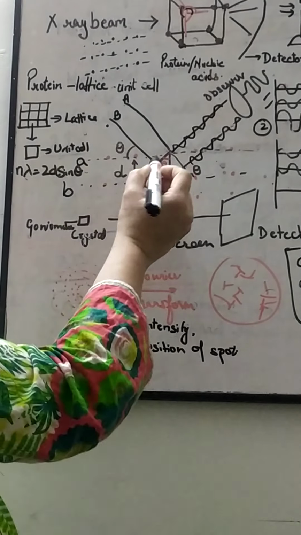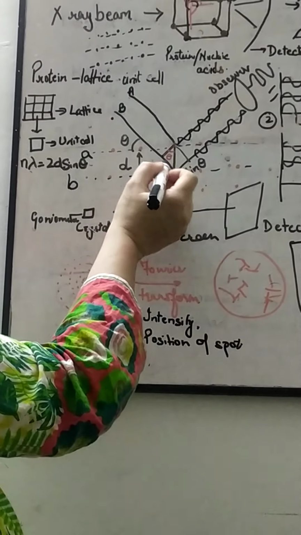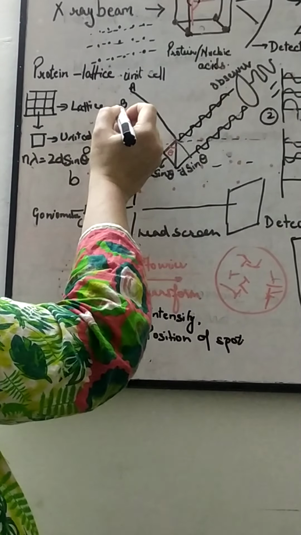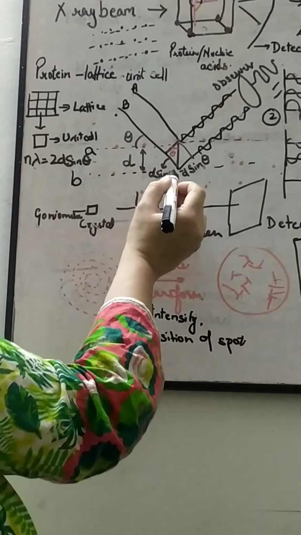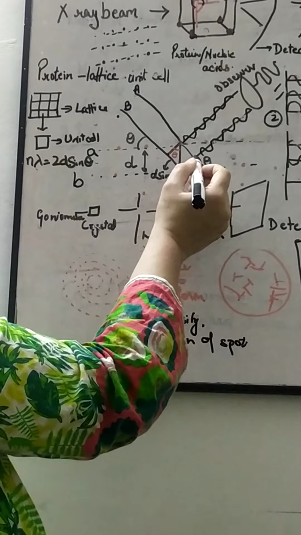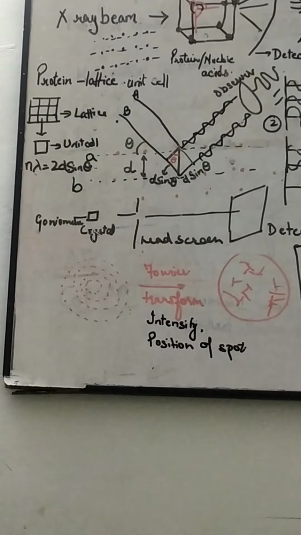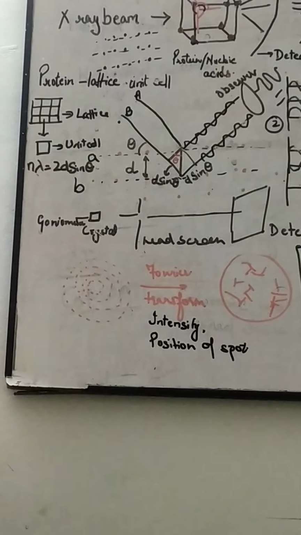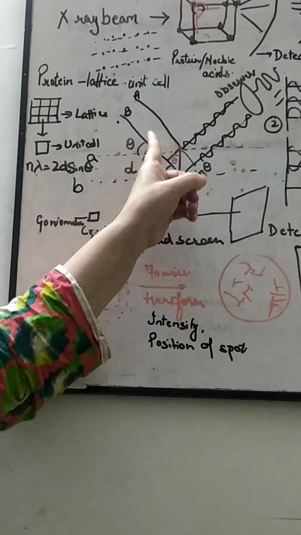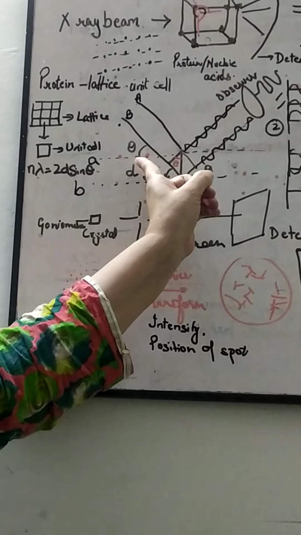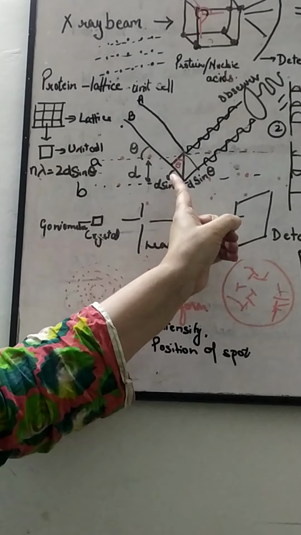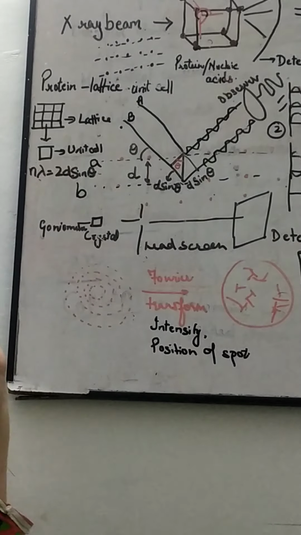But if you see, B has to cover a certain more distance as compared to A. Now what is that extra distance? One is this one, another is this one, and then it goes and meets the first wave, that is the A wave.